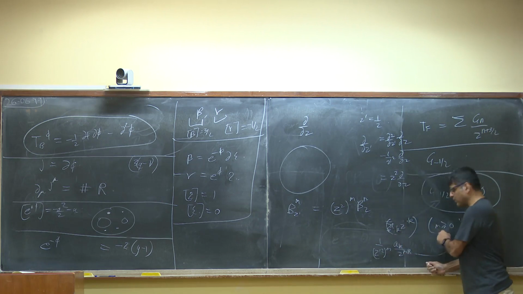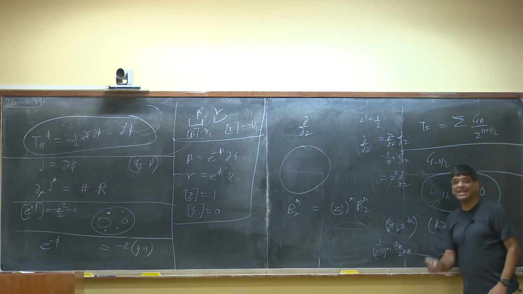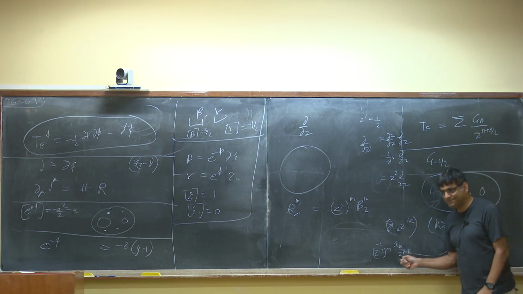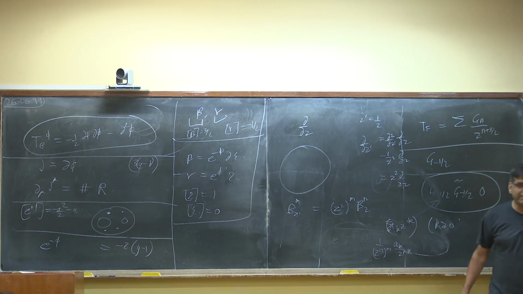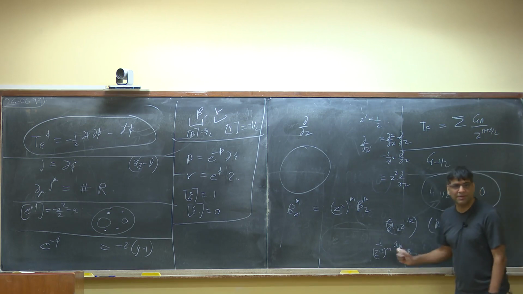If m is positive, this thing for every k, 0 to infinity, will be ill behaved at z prime equals 0. So there will be no zero modes. Okay? If m is 0, then there will be exactly one zero mode, namely the one with k equals 0.